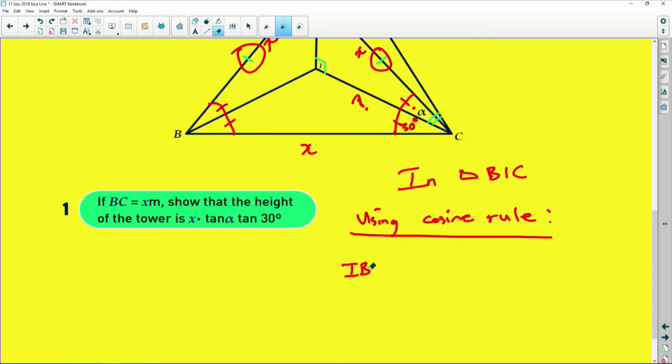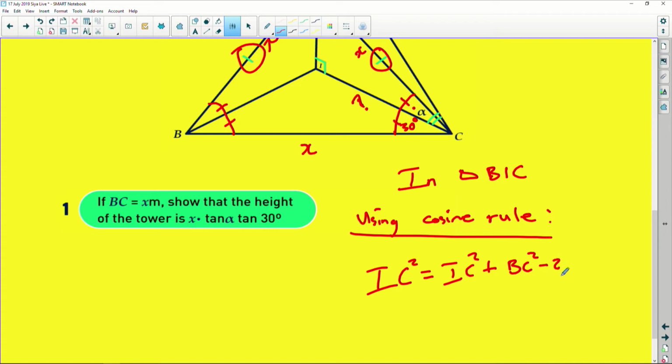Let me erase this here. So this is going to be IC squared is equal to IC again squared plus BC squared minus 2 into IC multiplied by BC, which is what I have there.